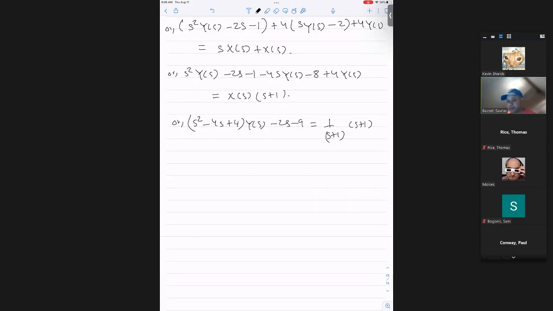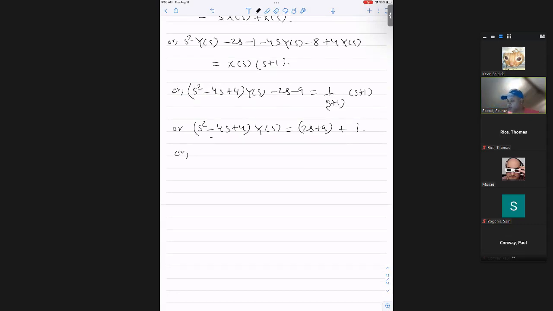Am I right? Laplace. So s squared minus 4s plus 4 times y(s) equals 2s plus 9 plus 1. This is your zero input, this is your zero output actually. When you divide by this, you can find that directly. But anyway, we are not interested in that, so I don't want to confuse you guys.